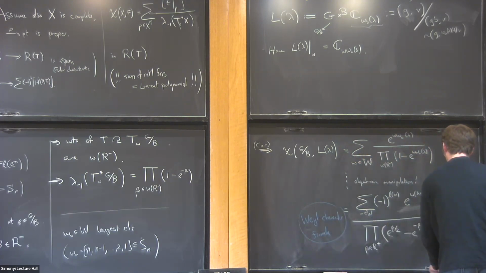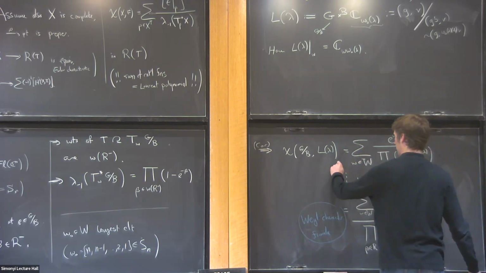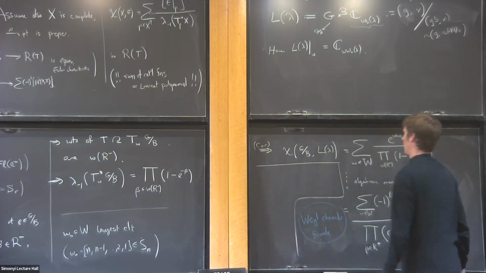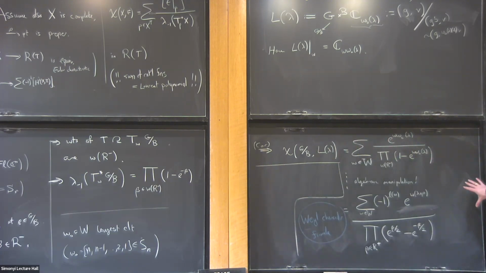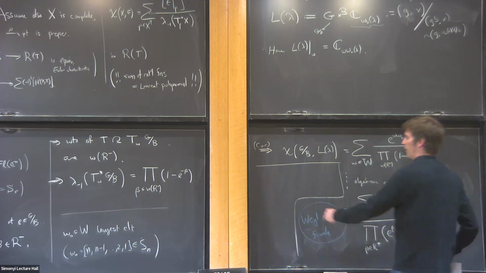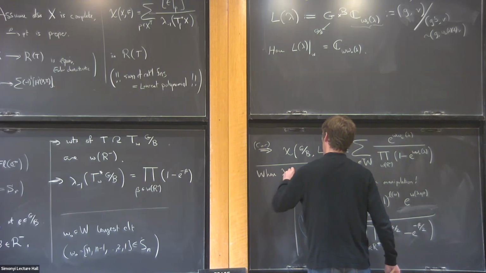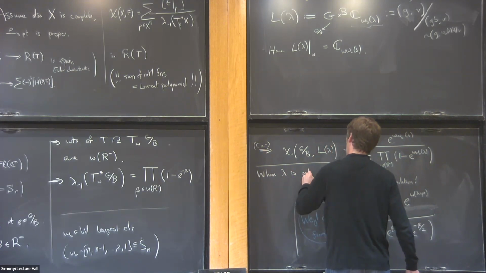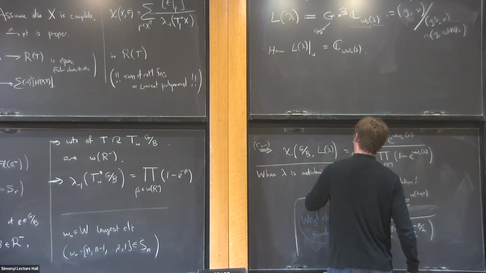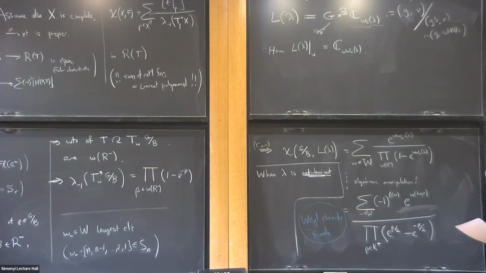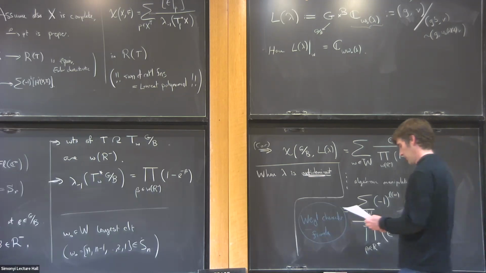So in order to make a little sense of that, I think I can bracket it over here. When lambda is anti-dominant, meaning that if it was a partition, it's written in increasing order.